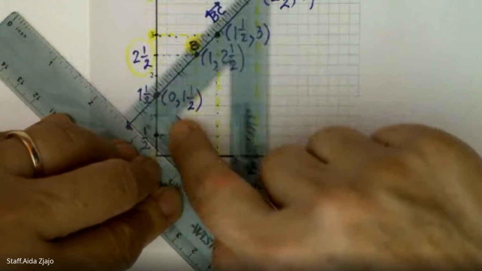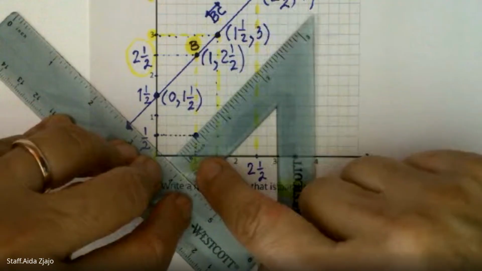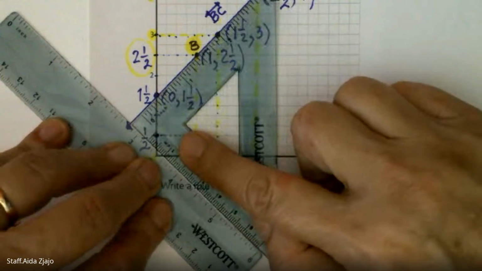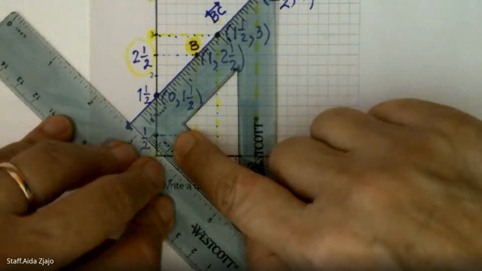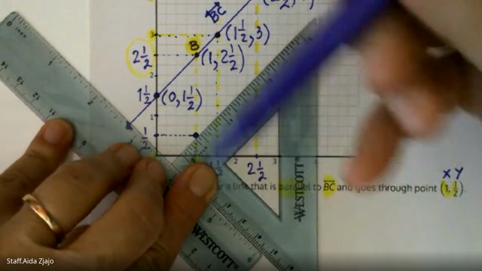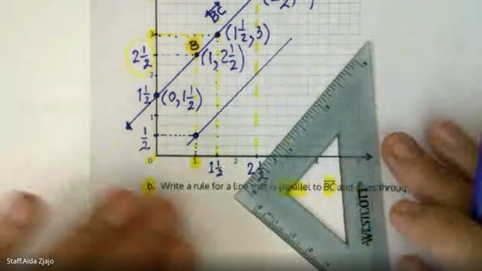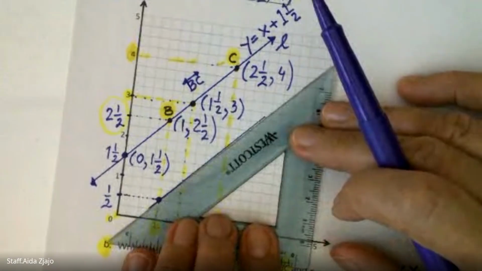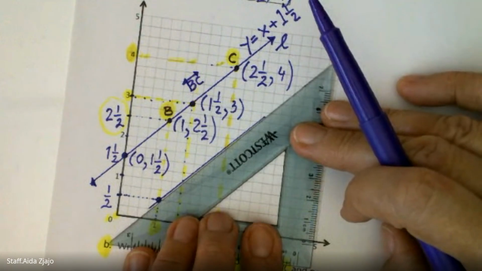I can make parallel lines up or down or anywhere I wish, but I want one specifically through the point. So I go back, make sure everything is strong, and poof, I got my point, and this is the line that is parallel to BC, and it also goes through the point x is 1 and y is half.